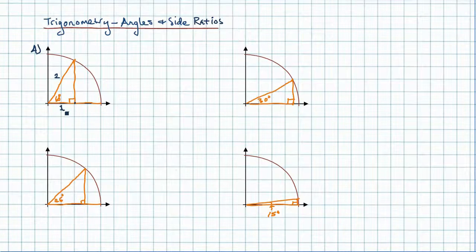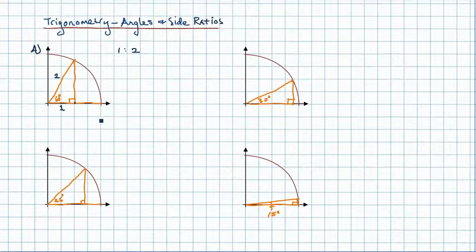In other words, whatever the lengths of these are, they're in a 1:2 ratio. And we can write that ratio. Let's write it here. 1:2. It's the ratio of the shortest side to the longest side. So 1:2, shortest to longest.